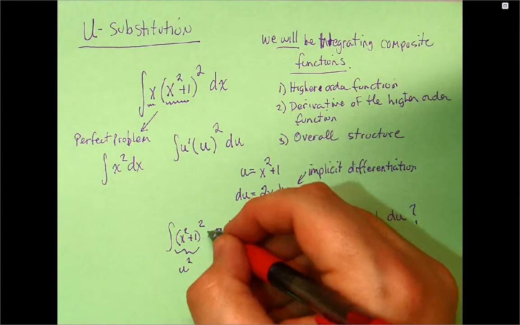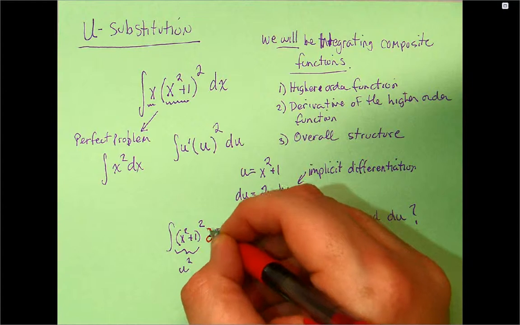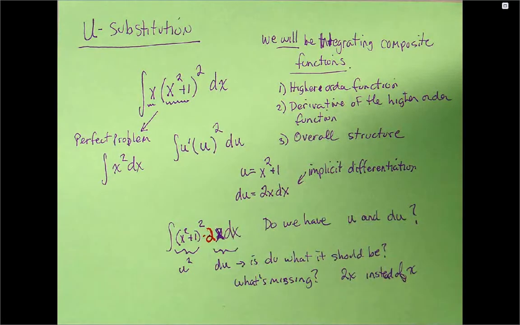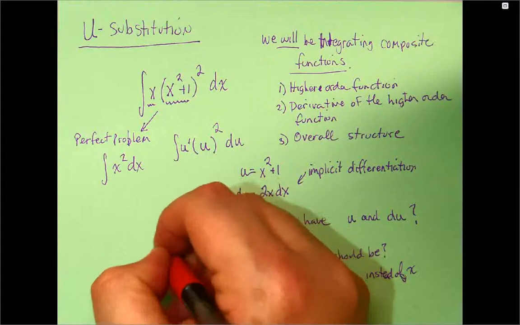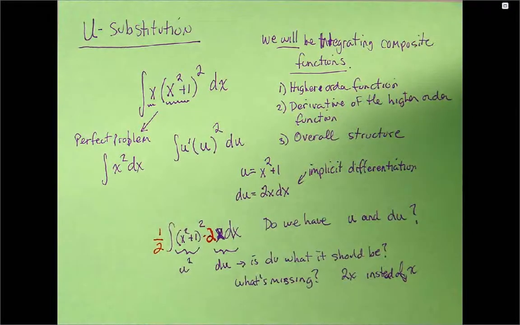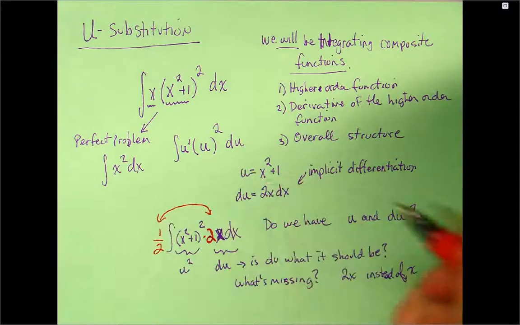Multiply that by a 2. But can I multiply that by a 2, or does that change the function? It changes the integrand totally. So how do I undo the multiplying by 2? 2 over 2, or else you can multiply by 1/2 out front. Because that 1/2 and that 2 represents 2 over 2.